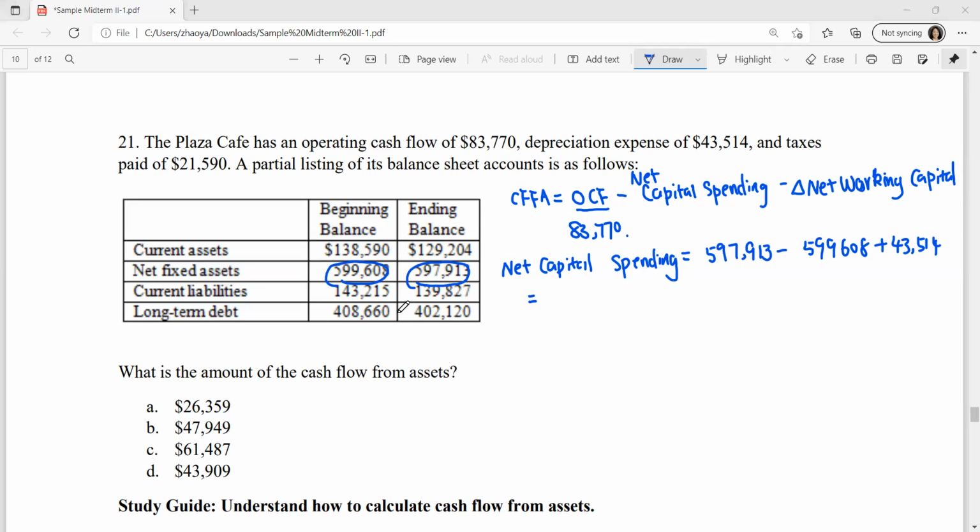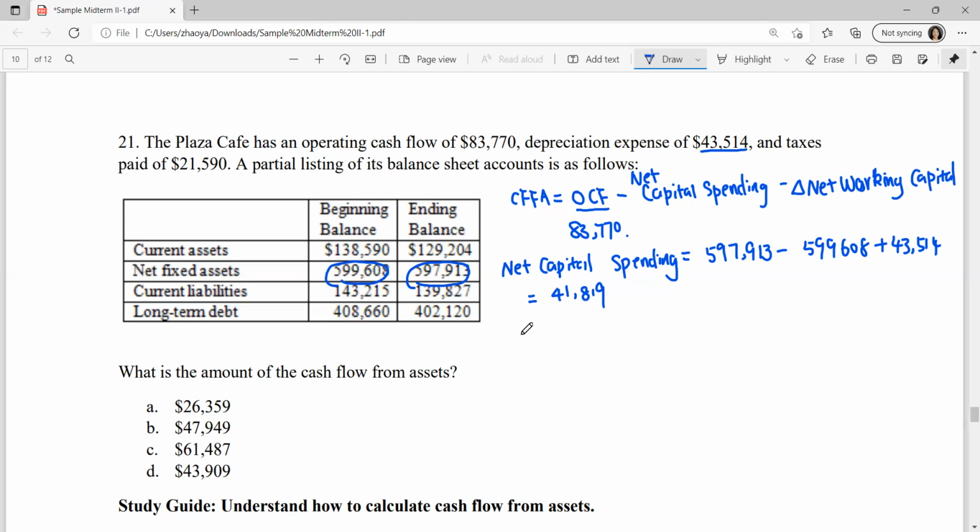So it equals 597,913 minus 599,608 plus 43,514, so it's 41,819. This is the depreciation it's given. Let me double check. Yes.